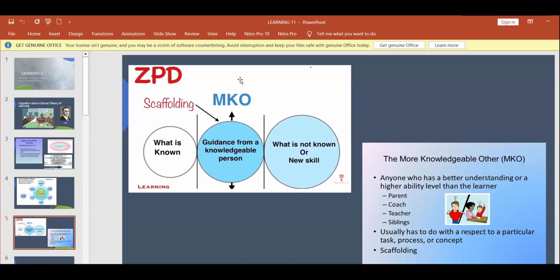She's very comfortable with the use of ICT. Though I'm a mature person, elder to her, my more knowledgeable other related to ICT matters may be my daughter. So that is the MKO, somebody who knows something better than us. We learn from them according to Vygotsky.